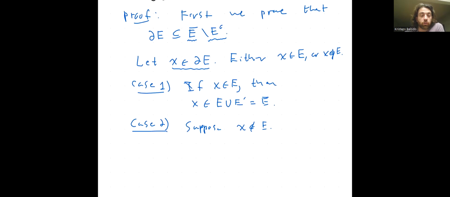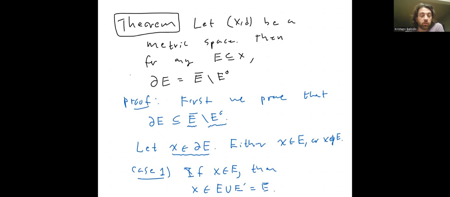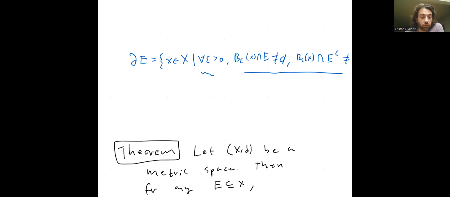So how do we show something is a limit point? Maybe I'll remind you of that definition as well. The set of limit points of E, of course, is all x in X such that for all epsilon greater than 0, the epsilon ball around x intersect E minus {x} is non-empty.